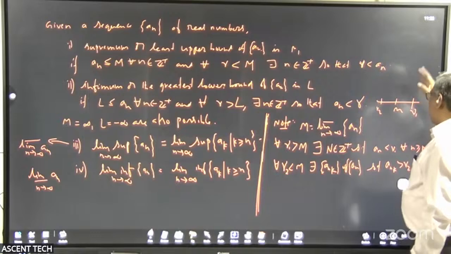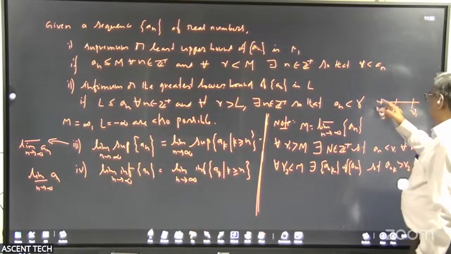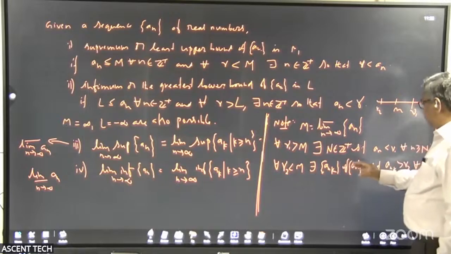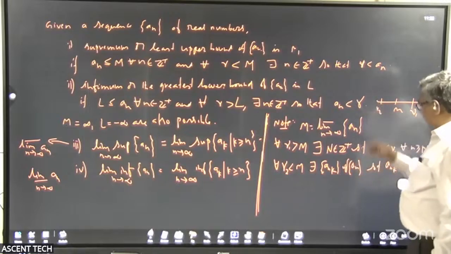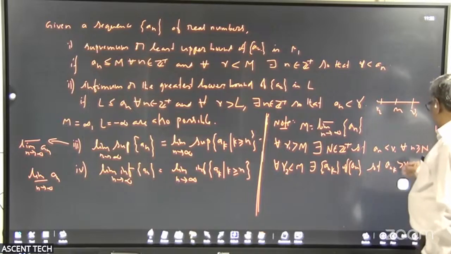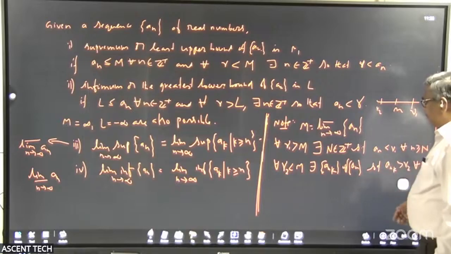If there is no such subsequence, suppose all of them are below that, then that you don't want.